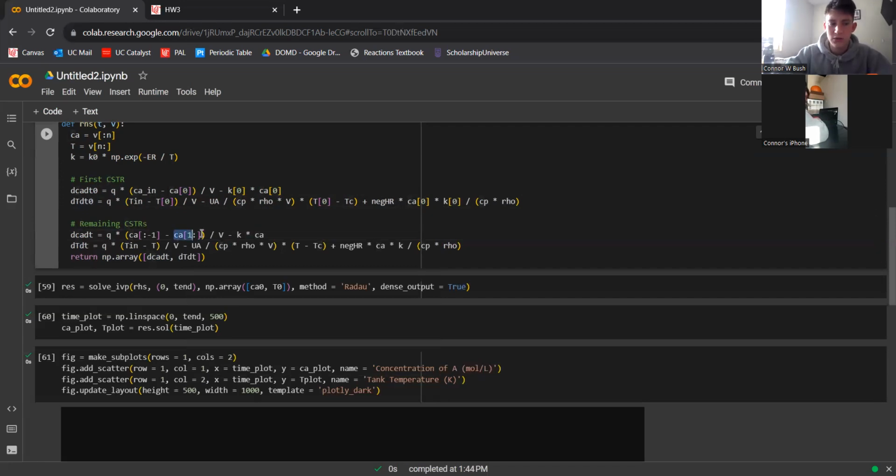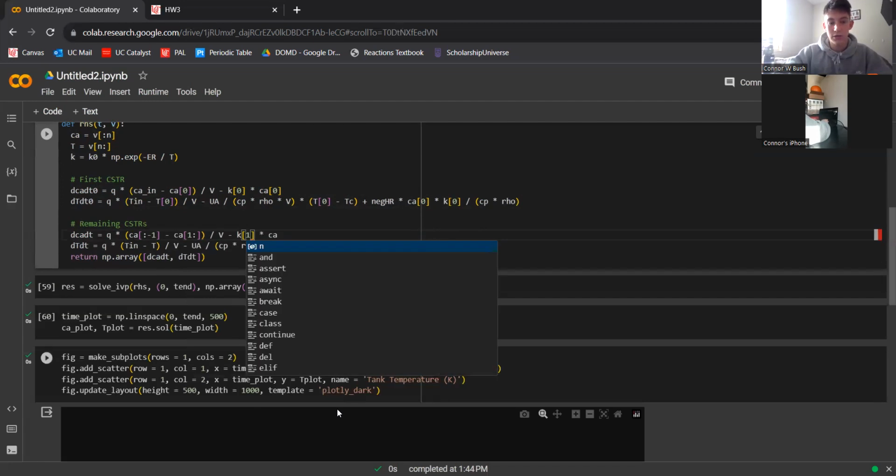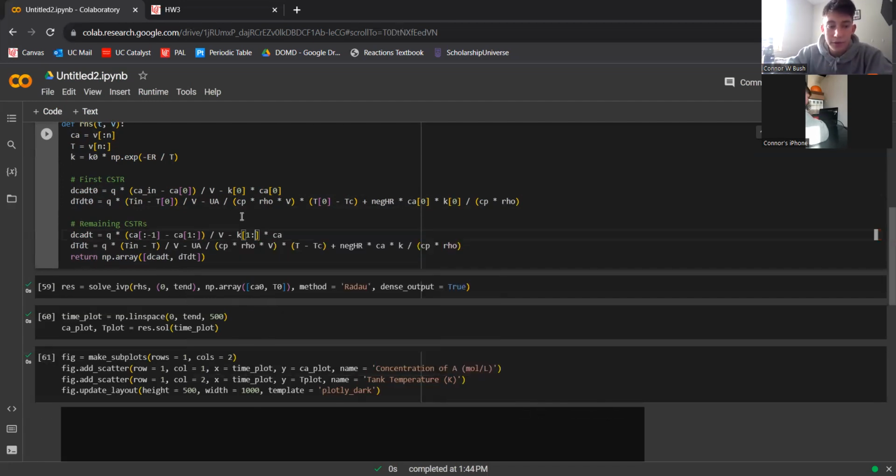And then this is the sort of notation that we're going to use for this K value, this CA value, and then following similarly into the temperatures. So this volume untouched, K value, we want to call the first one to the very end of all the values, because we've already used the 0 to take into account the first CSTR.